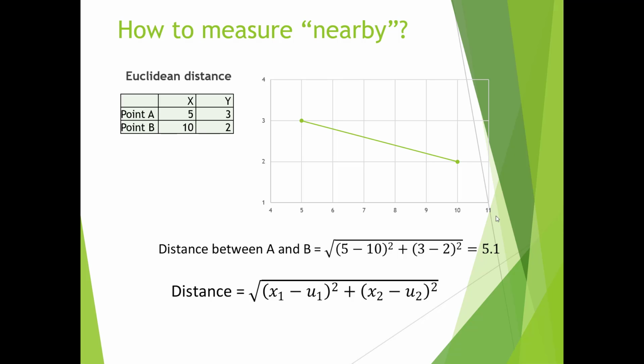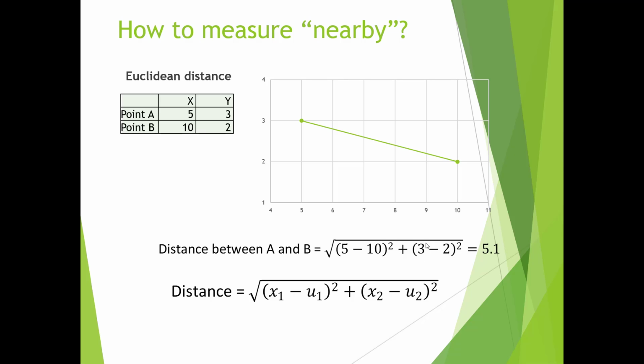Now point B is 10 on the x-axis, 2 on the y-axis. Now the distance between A and B is given by this formula. You take the difference between the two x's, square that. You take the difference between the two y values, square that. Okay. The difference in x's, the difference in y's.